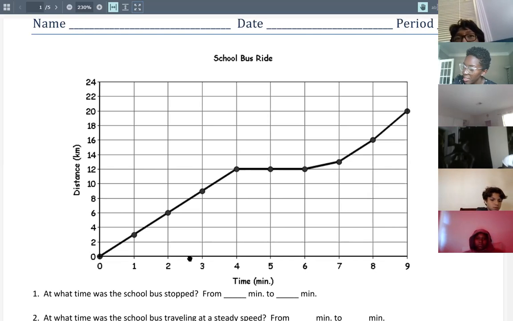Okay, so at 3 minutes, if I want to know how far it traveled, I'm going to go up until I hit the dot. Okay, here's the dot. All right, now, if you go over this way, can you tell me what number you think this would line up with? 9. 9, exactly. So in 3 minutes, it traveled 9 kilometers, okay?